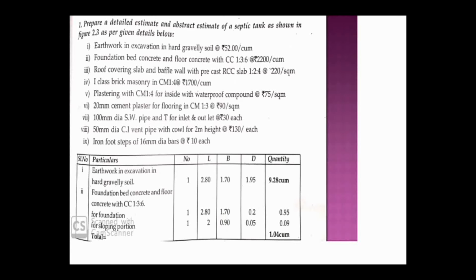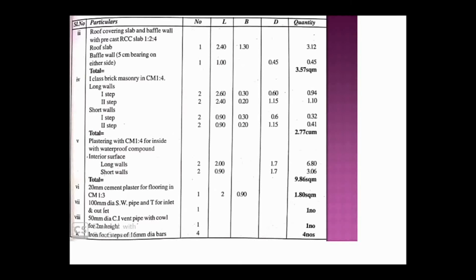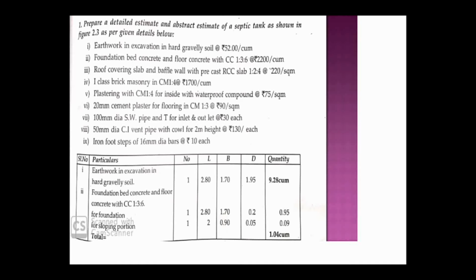After that, the third item we have to calculate is the roof covering slab and baffle wall with precast RCC slab 1:2:4 roof slab. Here you can see the roof covering slab rate they have given is 220 per square meter.